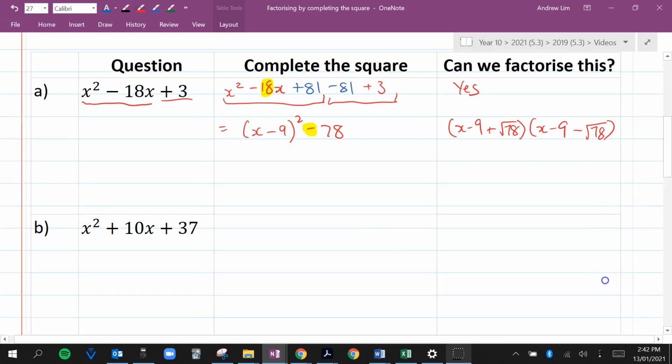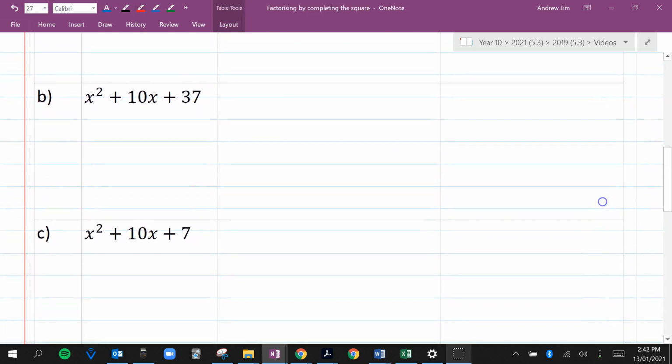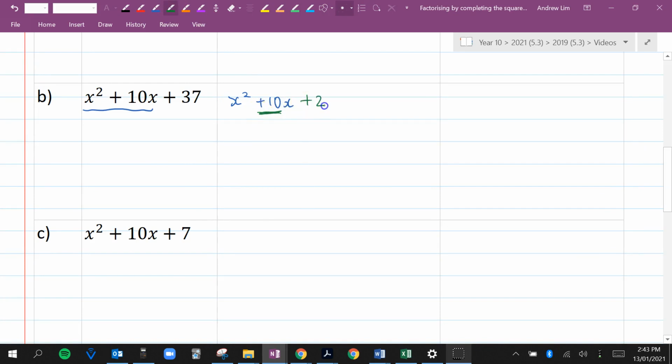Alright, question B. I'm going to take my first two terms, x squared plus 10x. Then I'm going to halve my 10 and square it, which is 25. So I'm going to add 25 and minus 25 as if nothing had happened, and then I'll write my plus 37.